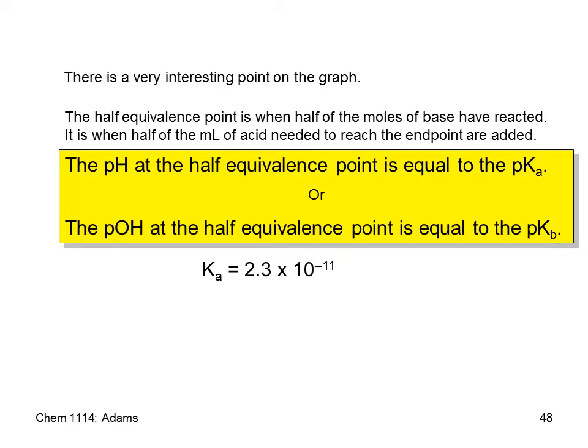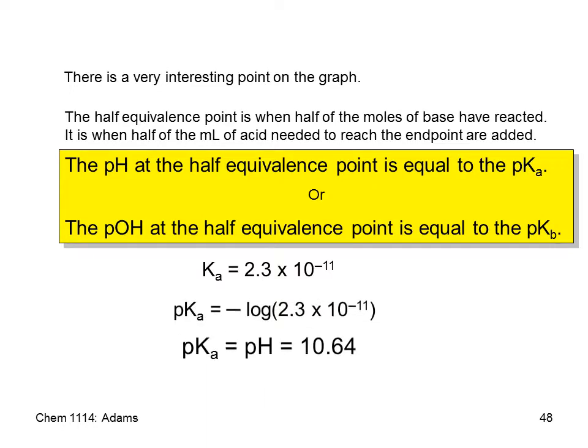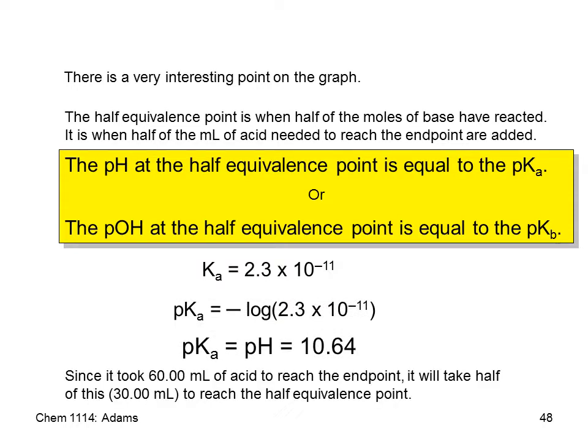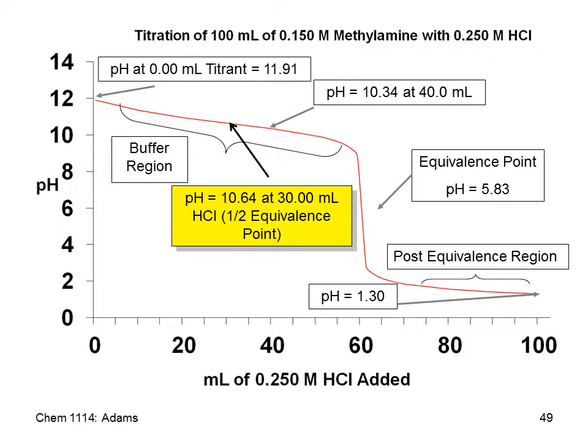The Ka we calculated back in part A is 2.3 times 10 to the negative 11th, and I take the negative log of that to get a pH. Since it took 60 to reach the equivalence point, it will take half of this, 30, to reach the half equivalence point. So I can put the pair 30 and 10.64 on the curve. And there it is. We've calculated 5 points for this curve.